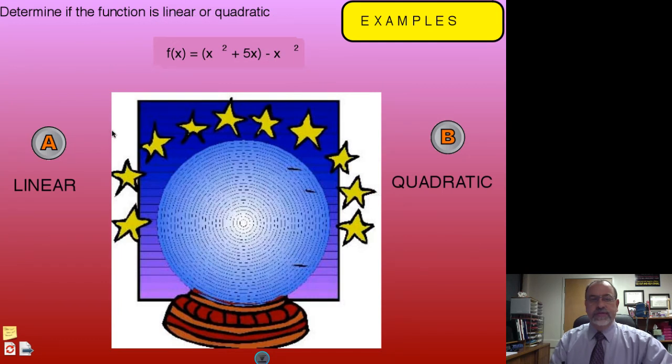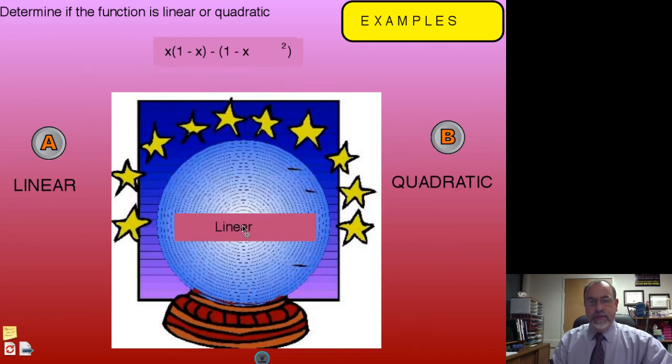Now this is weird, and this is one of those where you want to, oops, I just showed you the answer, almost. You'll want to remove the parentheses, so you'd have x squared plus 5x minus x squared. The x squared minus x squared would make the quadratic term go away, leaving you just this term, so this one would in fact be a linear.